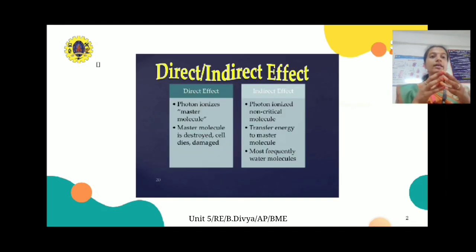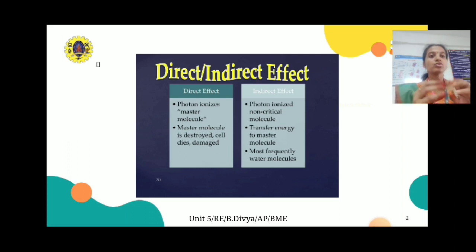Okay, what is the direct effect and the indirect effect? The differentiation is that indirect effects photoionize non-critical molecules, whereas in the direct effect the DNA is directly destroyed. The indirect effect does not cause very critical ionizations and has only a small amount of effect in our body.